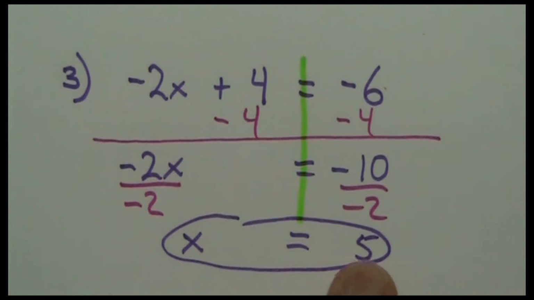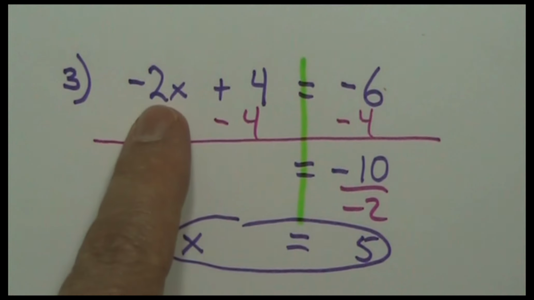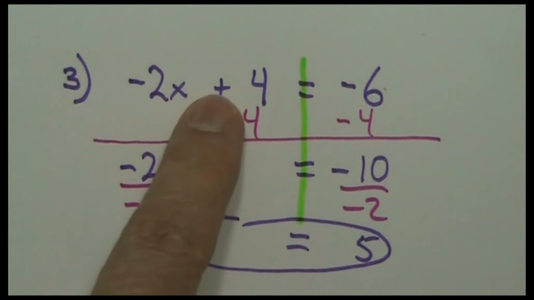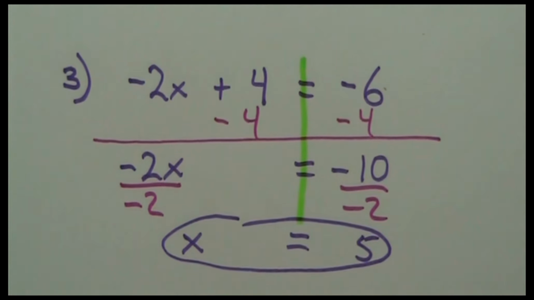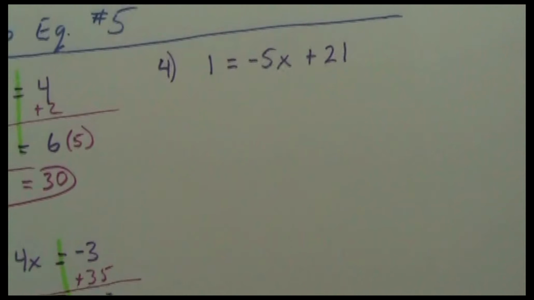And if I put this answer in there, 5 times 2 is 10, and there's 1 negative. So -10, -10, and 4 is -6. It works.